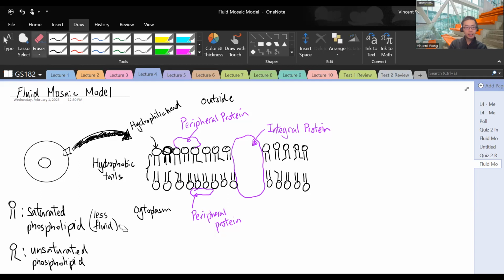On the other hand, if you have more unsaturated phospholipid, it will make your membrane more fluid. Okay. So it's not like one is better than the other. It depends on the environment that the cell is in, right? And we're going to talk more about it in a bit.